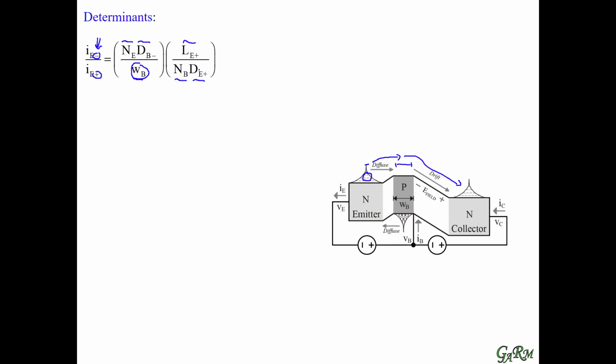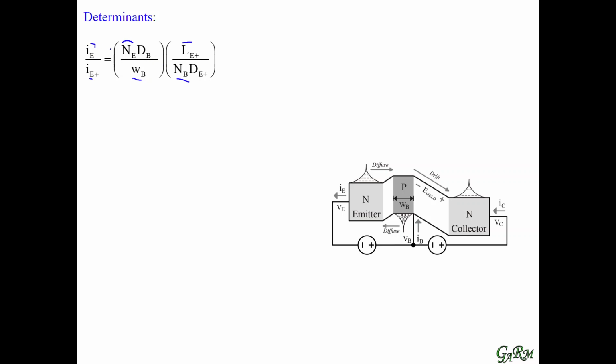So to design a device that basically favors that current, what we can do is dope the emitter much higher than the base, let's say 10 times. And then we can make the base width maybe 1/10 of the average diffusion length of holes in the emitter. And if we do that, then that means that this is a ratio of 100 to 1.